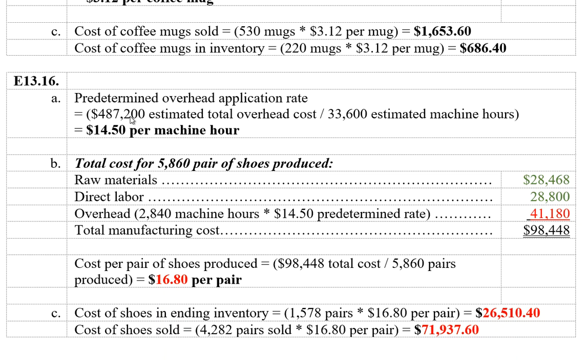Now I want to just, coming off of that other problem, tell you that overhead is what we call indirect cost. So we often will apply indirect cost to the production according to a certain rate. And in this case, we're using estimated machine hours.